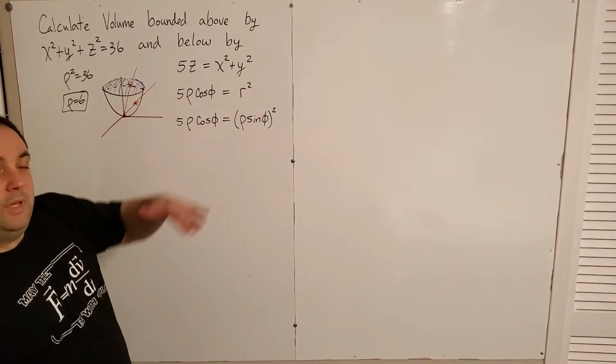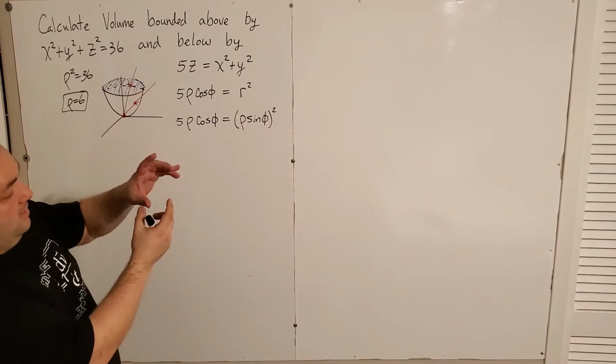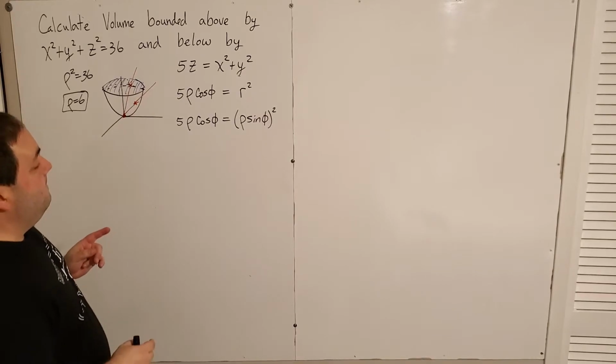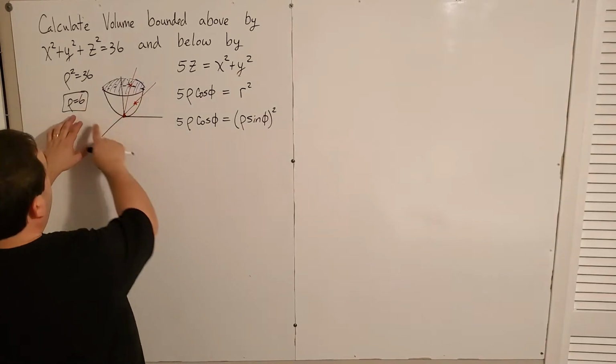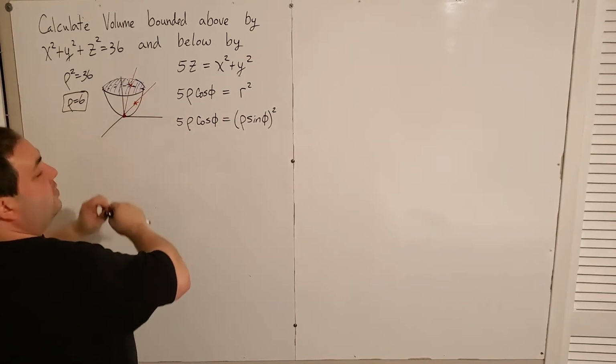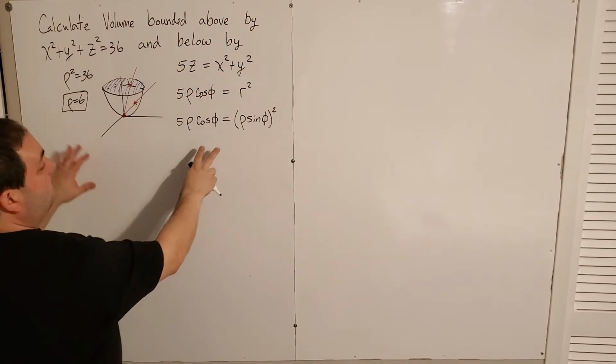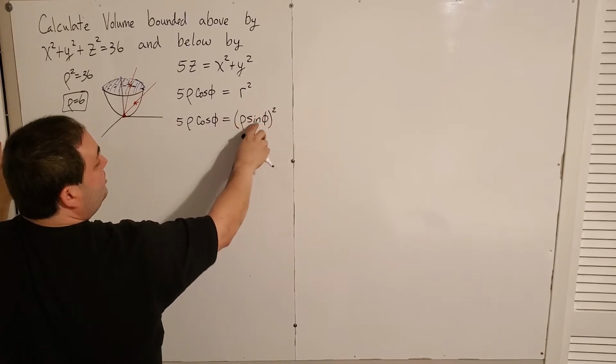That was in that beginning piece we were talking about, because of the way the triangle works with the phi angle. Okay, so I need to have something in terms of rho so that I can integrate from the center out to the surface. So I'm going to solve for rho.